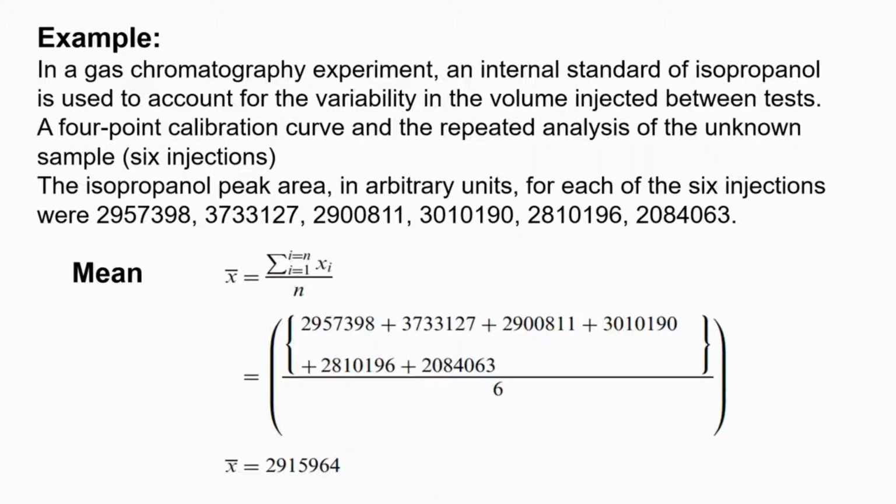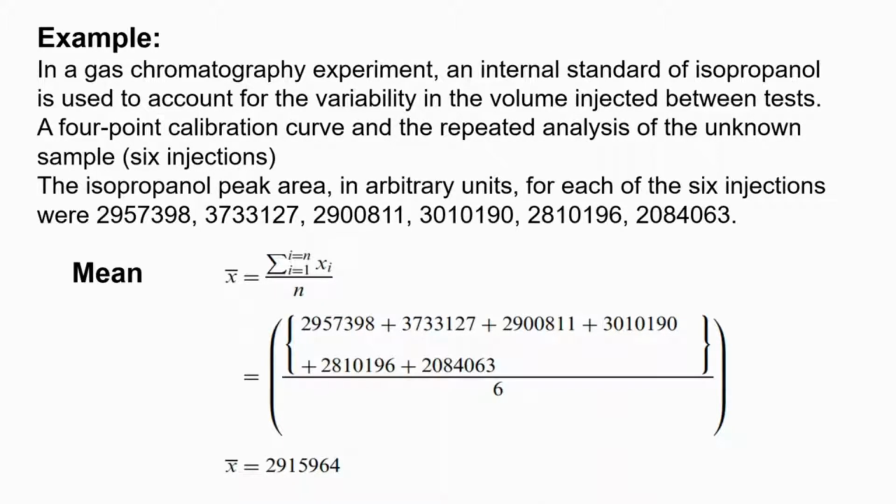For GC analysis we need to inject different volumes of our solutions or analyte. Here we have a 4-point calibration curve and the repeated analysis of the unknown samples. There are 4 calibration points, but the total number of measurements is 6, so 6 samples were injected into the GC.